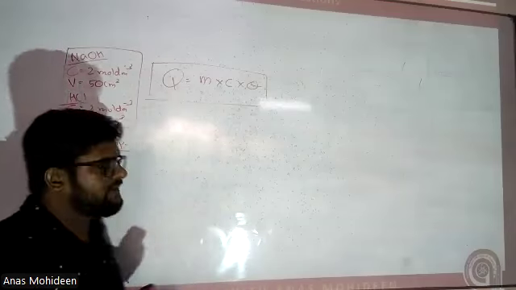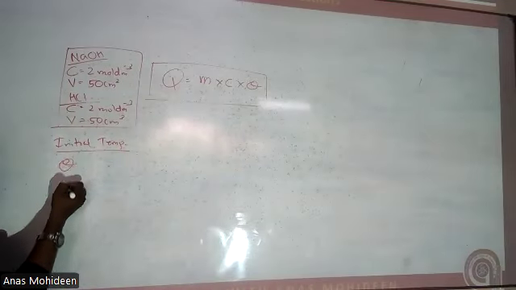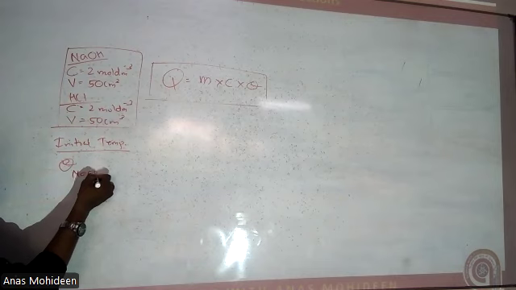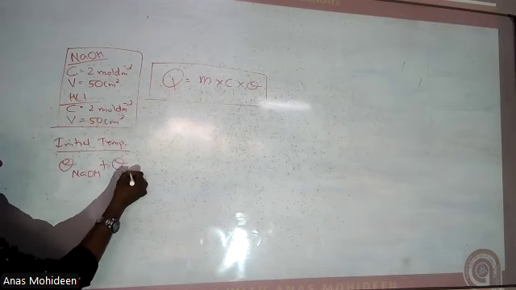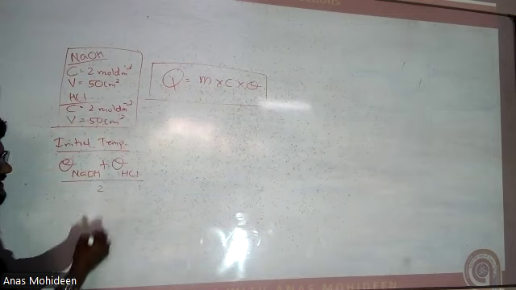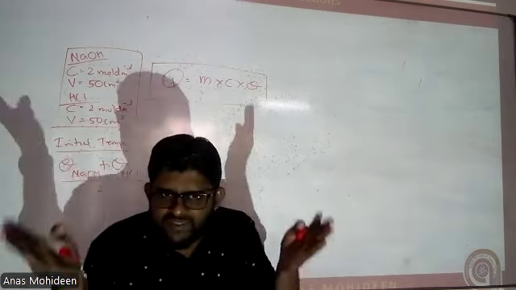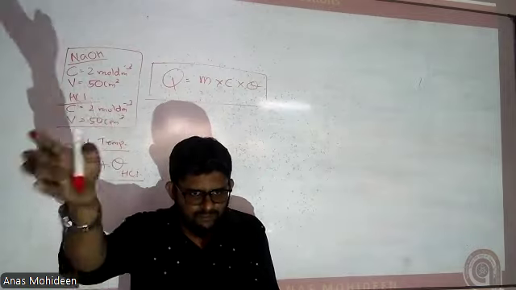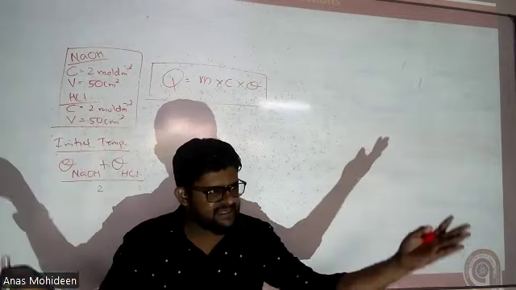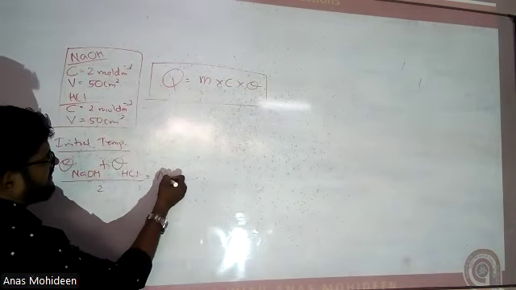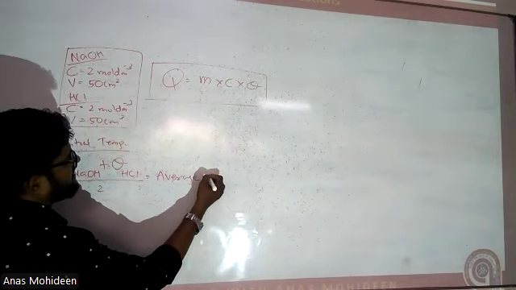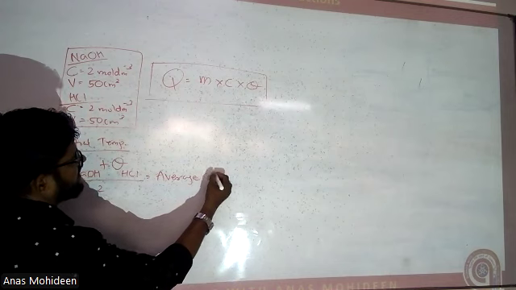So I measure the temperature of sodium hydroxide plus the temperature of HCl and divide by 2. Both starting temperatures, I add and divide by 2, to get the average initial temperature.